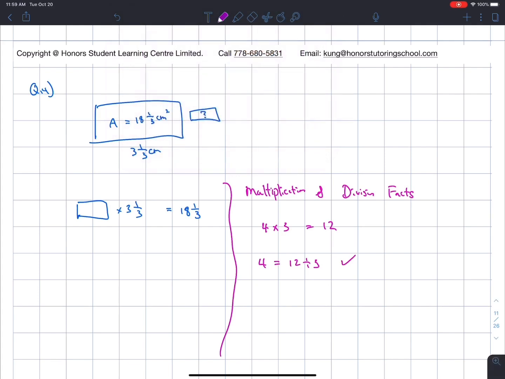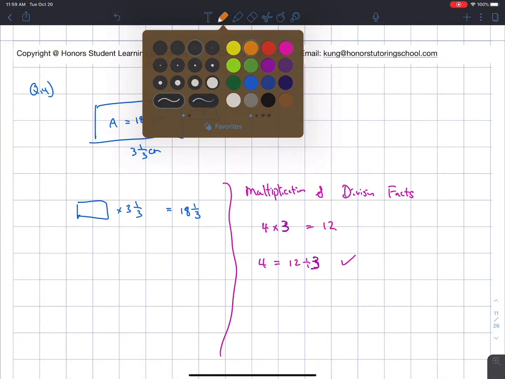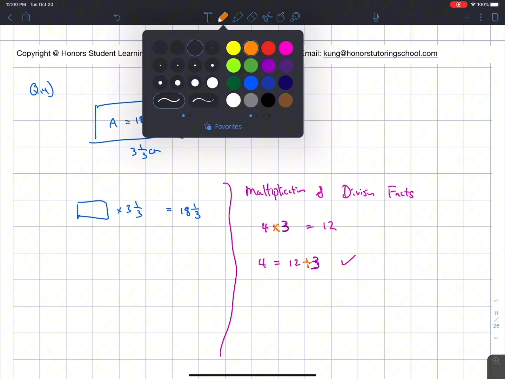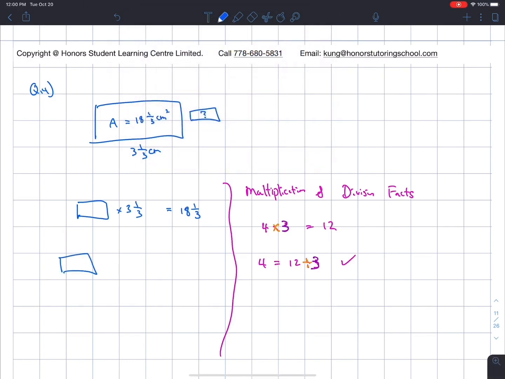So this times just becomes division when you move it to the other side. This is your multiplication and division fact. So same idea here. This something must be 18 1/3 divided by 3 1/3. And this will give us the answer.